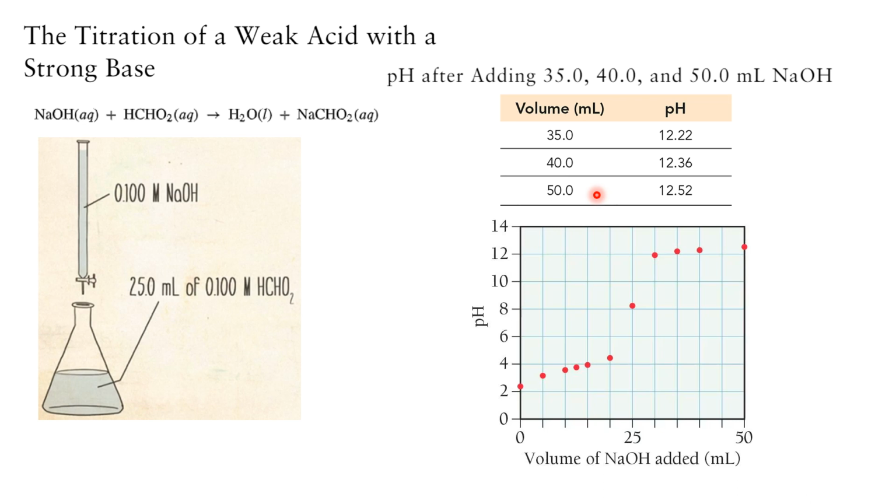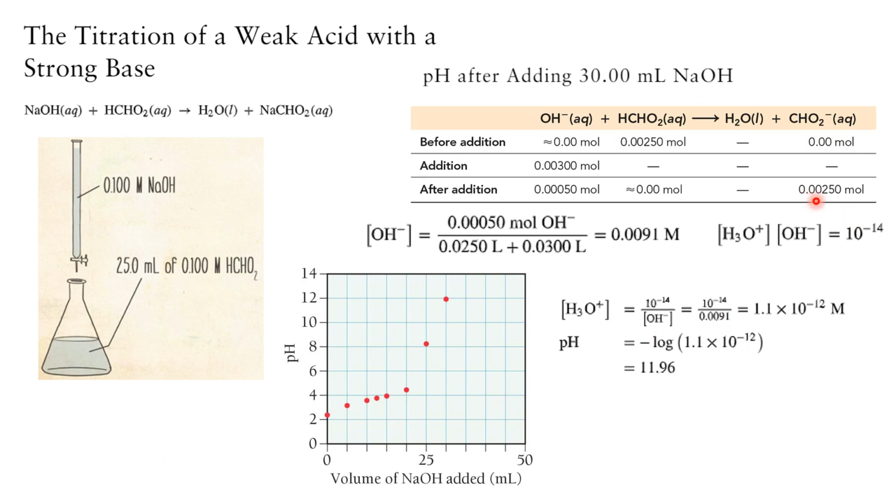Because now above the equivalence point, you have excess strong base. And that excess strong base, OH minus, is going to influence the pH much more than whatever conjugate base that you formed, which is the maximum amount that you can form, the 0.00250 moles.